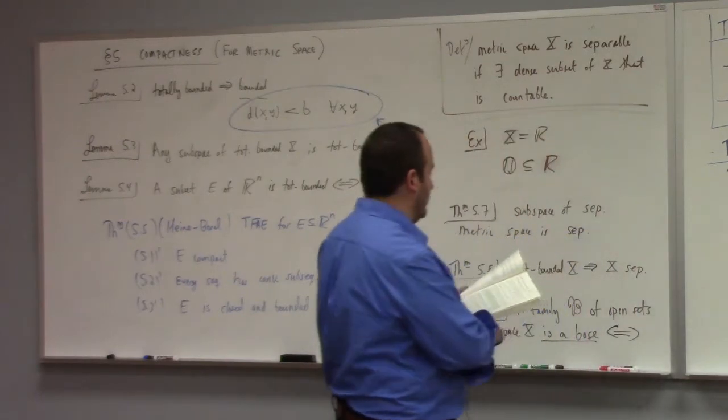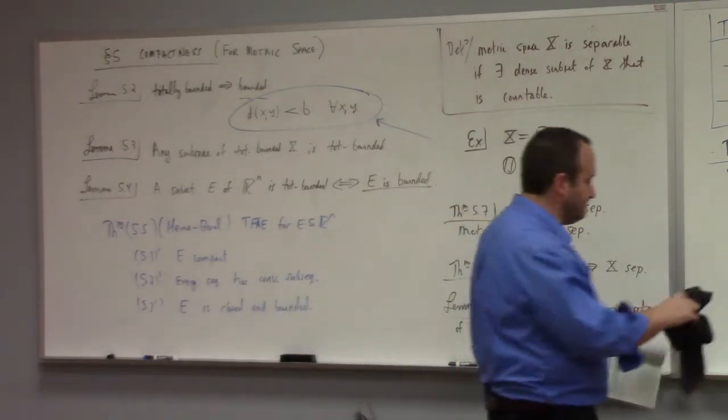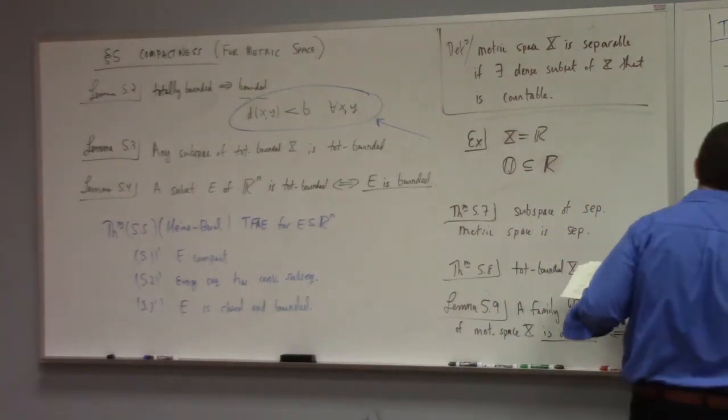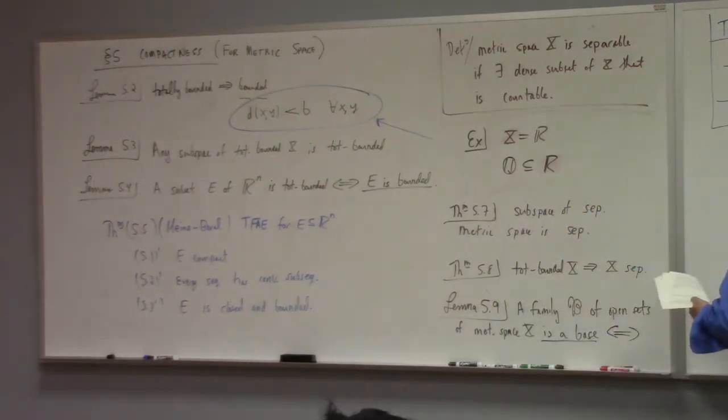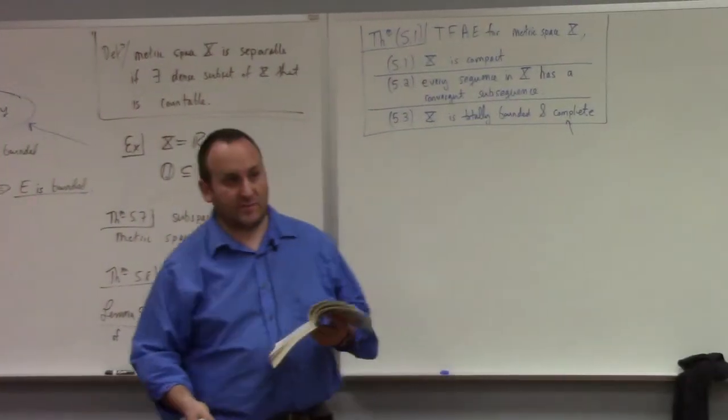So what are the terms and conditions for that being a base? Again, to be a base means that you can write any open set as a union of sets in the base. All right? So here are the terms and conditions necessary for a family of open sets in a metric space X being a base.